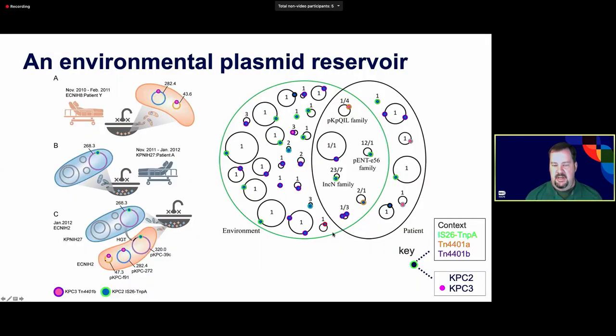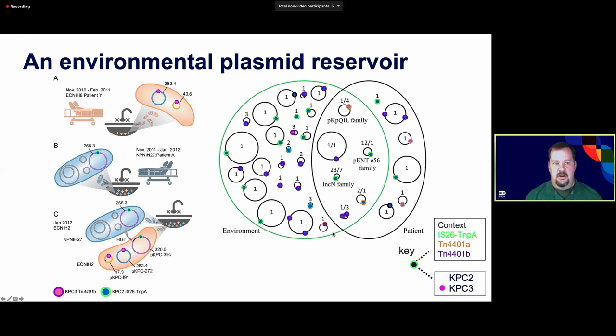So, for instance, this is an example of two different stories from looking at bacteria and plasmids in the environment at the hospital. On the left-hand side, it's a fairly complicated slide, but basically two patients who never shared a room together. They were sequentially in a room.